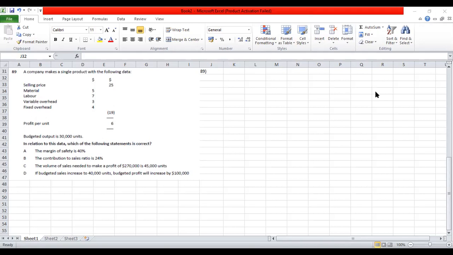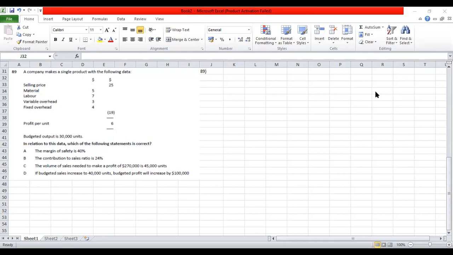Now, whenever such a question comes about which option is correct, what do these options talk about? We have to look into all the options. Which one is correct is not known to us. So we have to work out, test all these things and then select the right one. A says margin of safety is 40%. So calculate first margin of safety and check whether it is 40%.